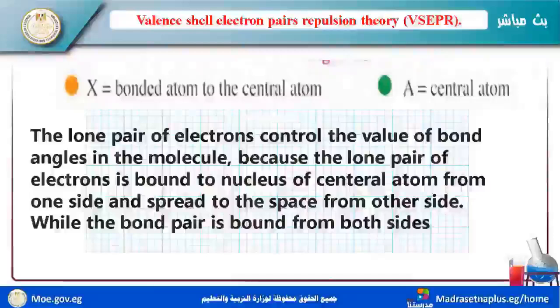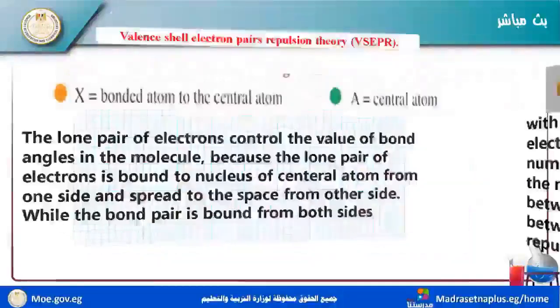Nitrogen has a lone pair, but the pairs between nitrogen and hydrogen are bond pairs. For bond pairs, both sides are controlled because of the two directions between H and N. But the lone pair on nitrogen is attracted to the nucleus on one side only, and the other side is free. So it is free and controls the angle of the molecule.